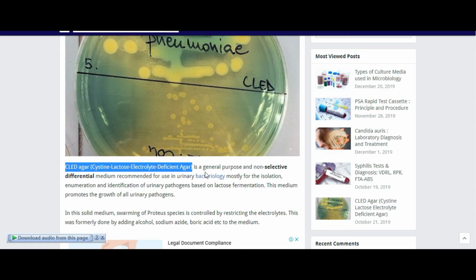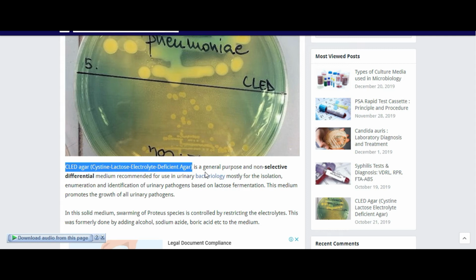The medium contains lactose, which is obviously fermented by some of these bacteria, and when fermented there's obviously a color change, right? So this is the basis of its differential property, because it contains lactose and an indicator that makes it a differential medium.